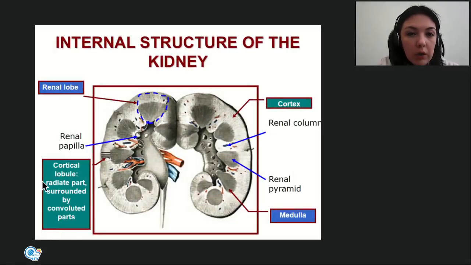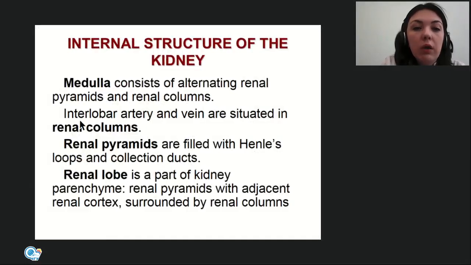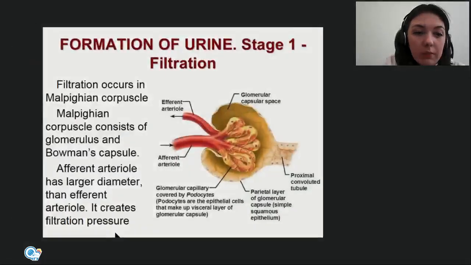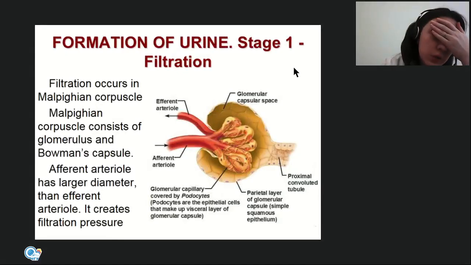Here you can see it, the renal lobe. In the renal pyramid there are Henle's loops and collecting ducts, and interlobar arteries and veins are located in renal columns. So that's why these structures have different colors.